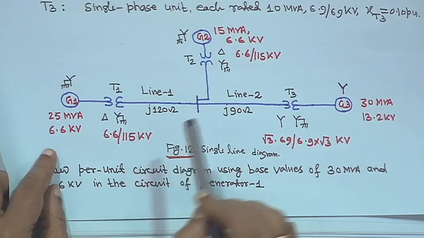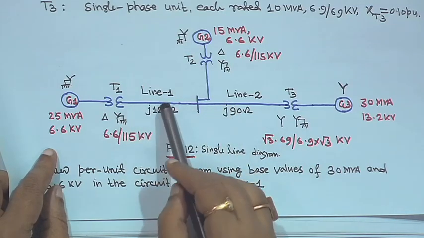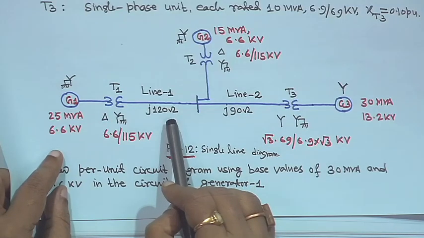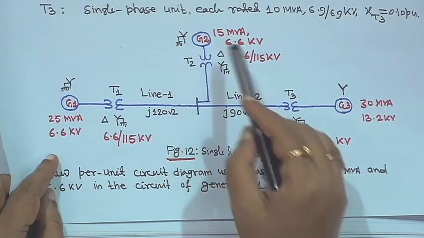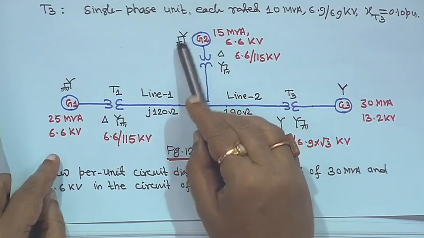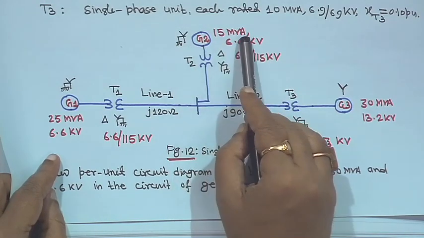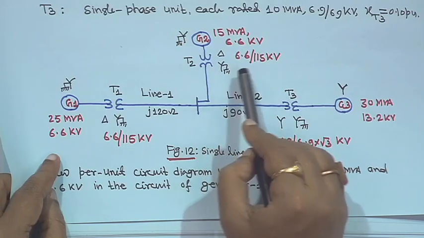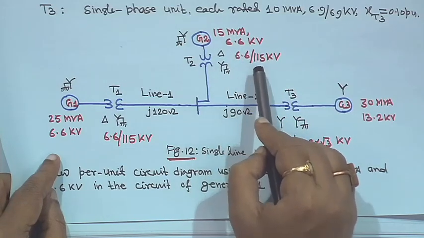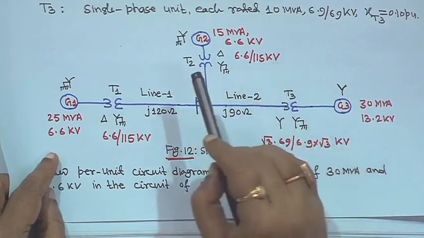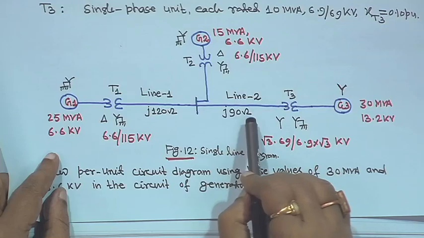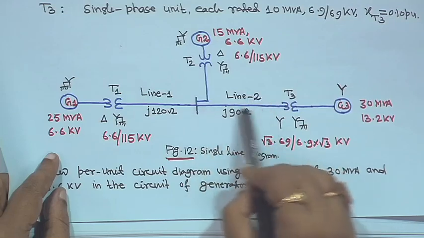Line 1 is only reactance we are considering, so j120 ohm. Generator 2 is star connected but grounded, 15 MVA 6.6 kV. This transformer is delta star, delta side 6.6 and star side 115 kV. And this is line 2, j90 ohm, the line reactance.